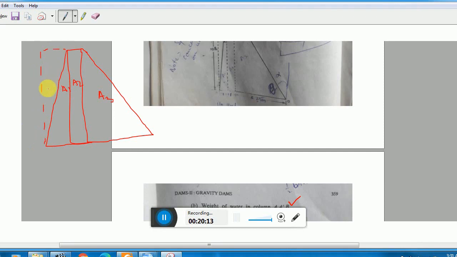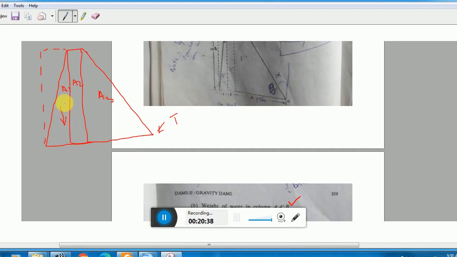Now, this is the toe point, and we need to calculate the area of this triangle, the area of this rectangle, the area of this triangle, the area of this triangle. And then we need to find out their moment arm from this toe point. Clear?